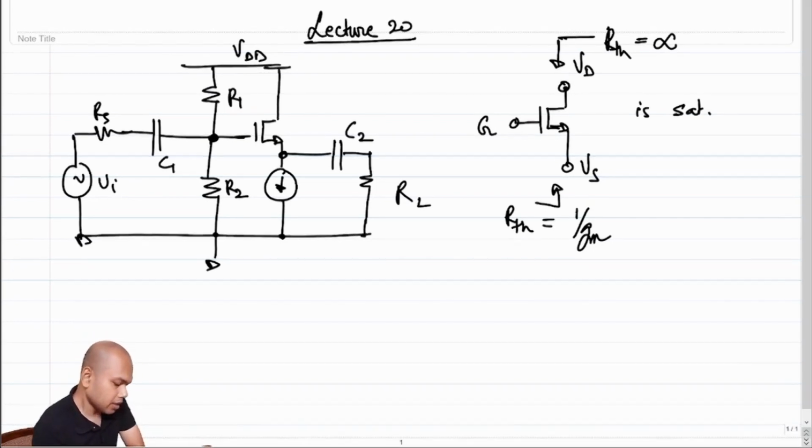So hence we were able to use the common source amplifier to drive all the current that was coming from the MOSFET into the load resistance, and we got some voltage gain. In the process, we also got some power gain. However, in this architecture, we saw that the incremental resistance looking into the source of the transistor is not infinity.